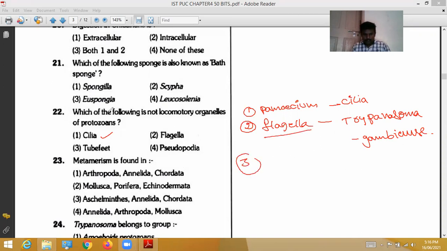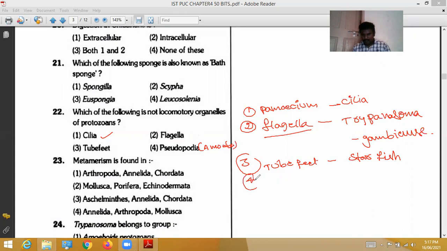Third, tube feet. Tube feet are not locomotor organs in protozoans. Tube feet are locomotor organs in echinoderms, that is starfish, which belongs to the phylum Echinodermata. Pseudopodia are locomotor organs in amoeba.